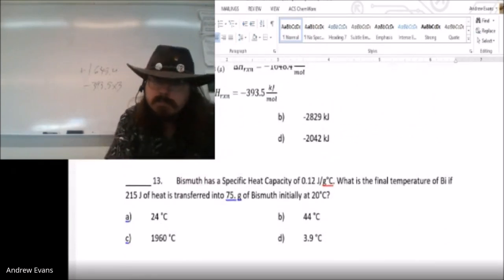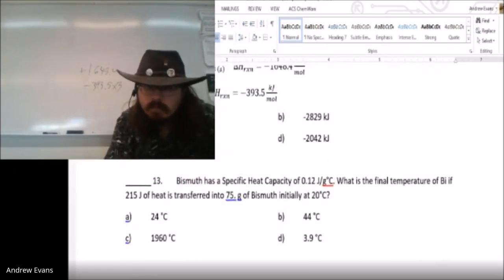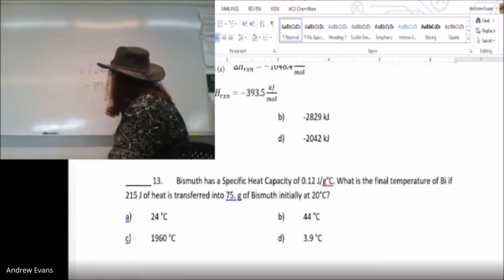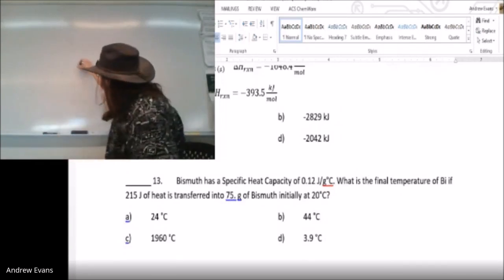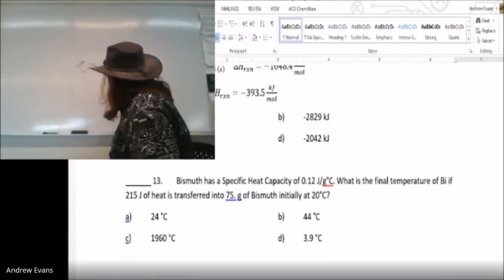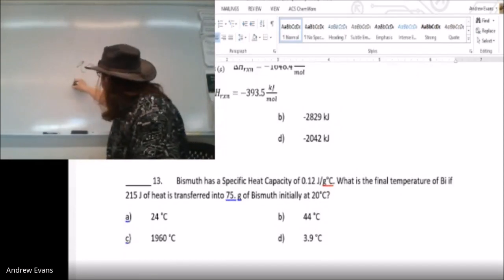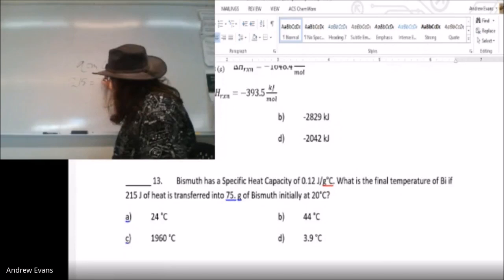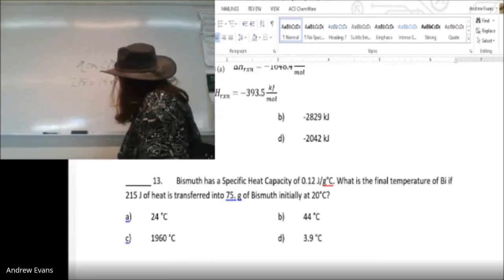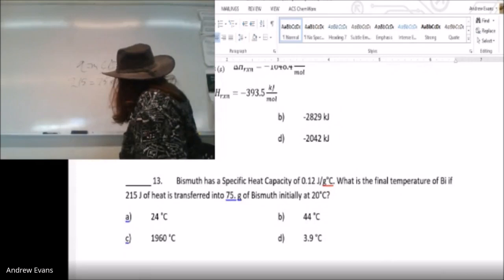Bismuth has a specific heat capacity of 0.12. What is the final temperature of bismuth if 215 joules of heat are transferred into 75 grams of bismuth initially at 20 degrees C? So this is a Q equals MC delta T problem where we're solving for delta T. So Q equals MC delta T. We have 215 equals 75 times 0.12 times T final minus 20, if we want to set up the whole thing.